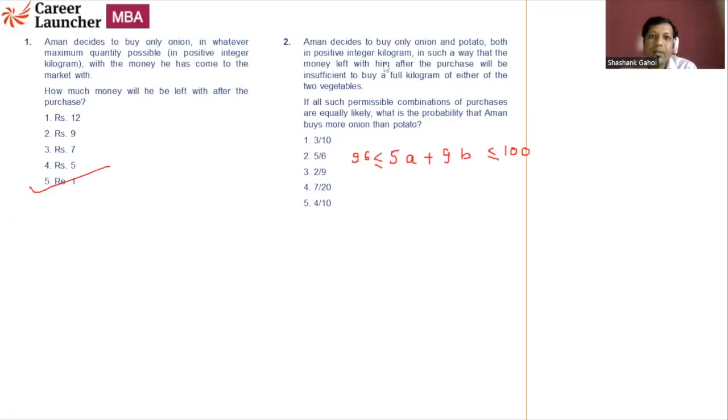It also says that he's buying both in positive integral kilograms. It means he's buying at least 1 kg of each. Okay, so let's say he is buying 18 kg of this and 1 kg of this. So 18 and 1, and the sum comes out to be 99.